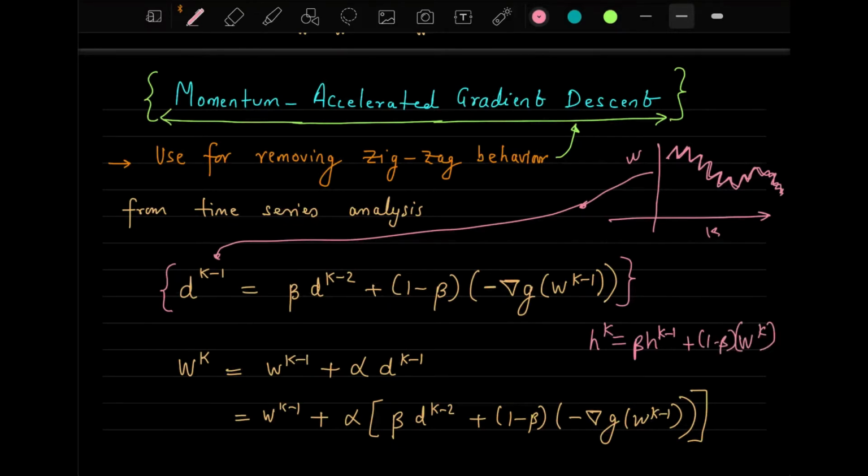What we are saying here is that Wk is mimicking the gradient descent steps. That's why Wk is replaced by this term, the gradient of the loss function at Wk minus 1. So this is basically the steps of the gradient descent.